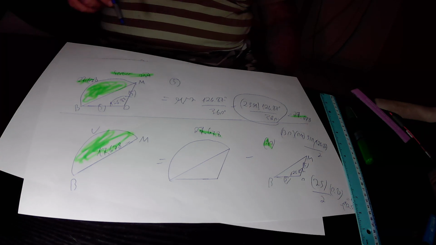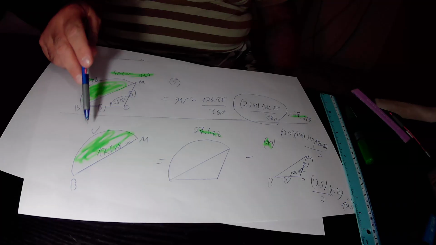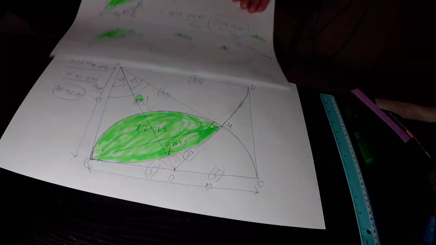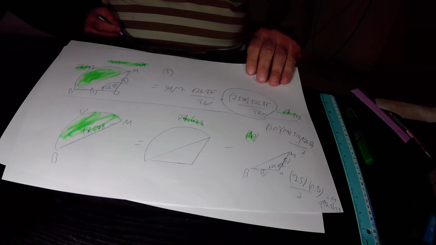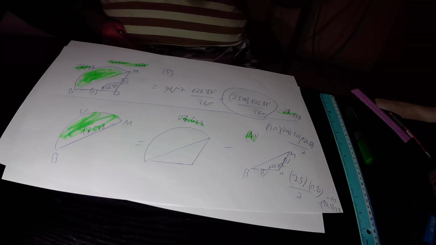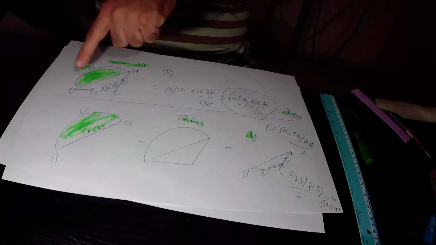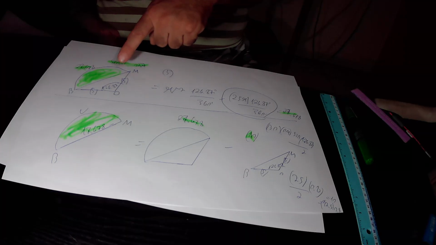Our task is to find out the area of the upper segment BUM. This is the upper segment BUM. You have to find out the area of this upper segment BUM. From the drawing, it is very easy to see that the area of this upper segment BUM equals the area of sector BUM minus the area of this triangle BUM.